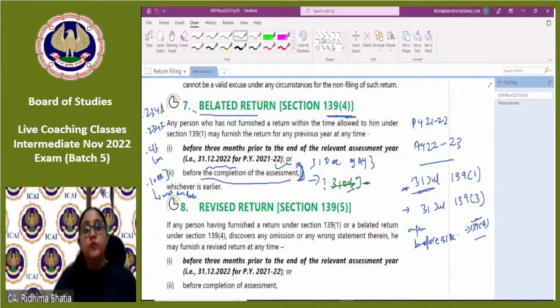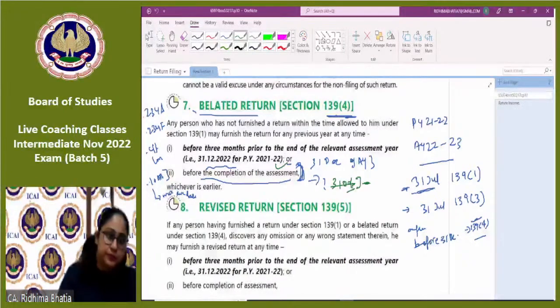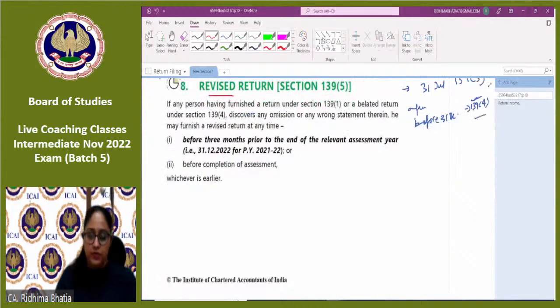Now we come to revision of return. What is revision? Revision means that you file the return of income, and now you realize that, oh, I did not file my savings bank interest, or I did not file the information about my deduction.